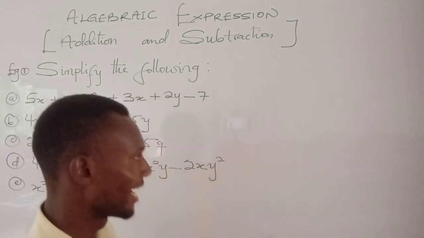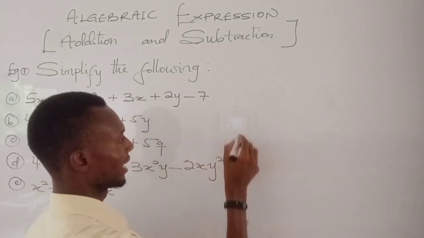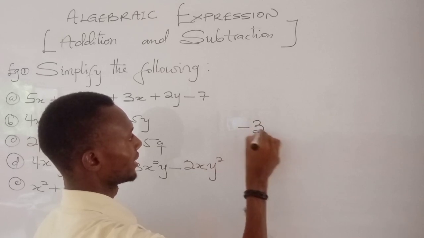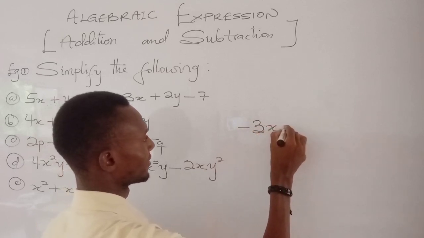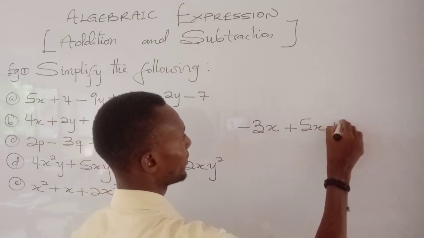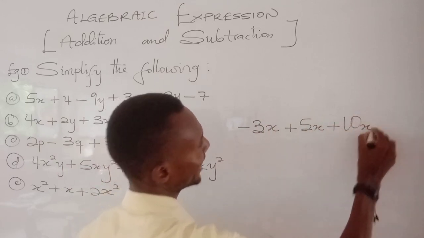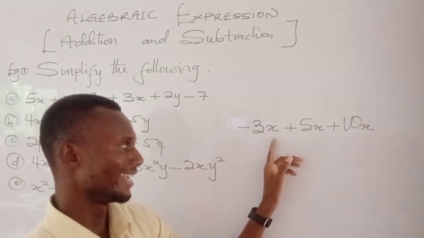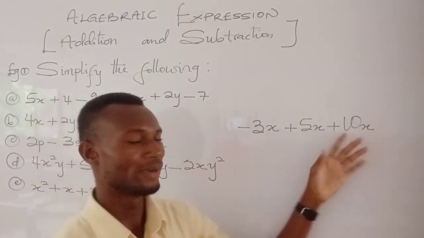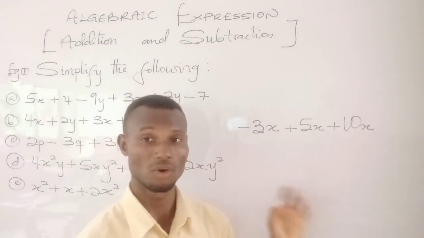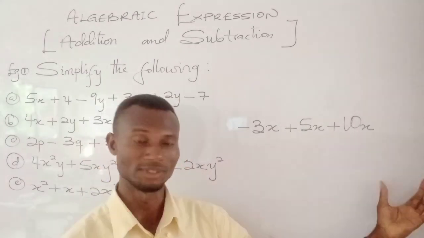Okay, let's say I have minus 3s plus 5s plus 10s. We can simplify. Why? Because they are like terms.